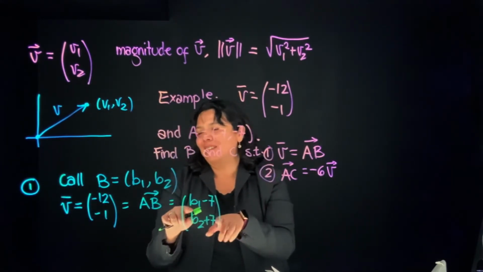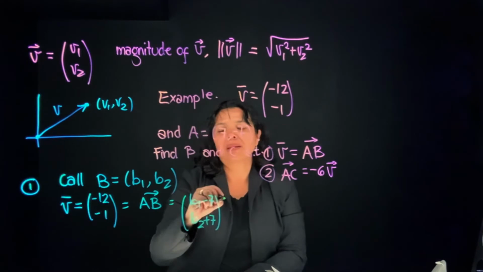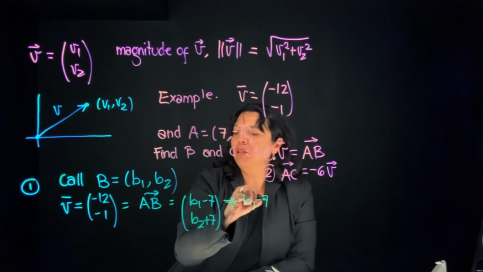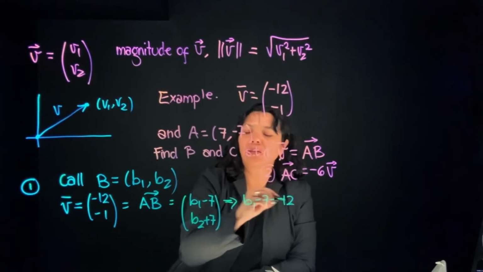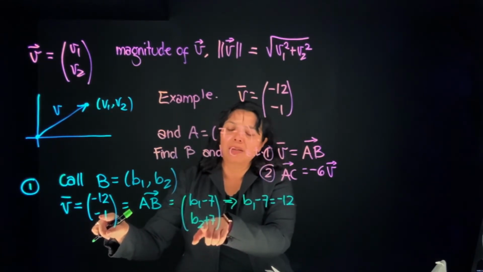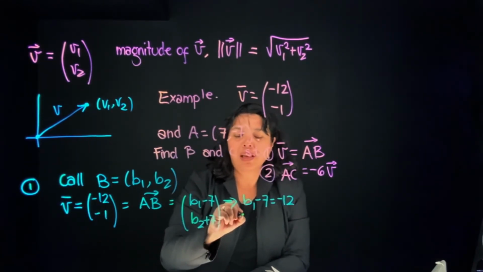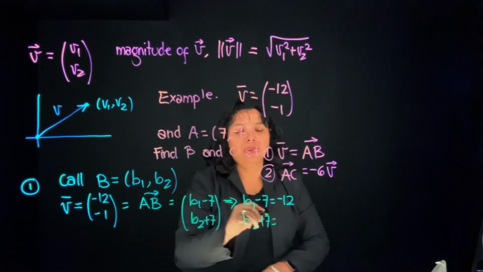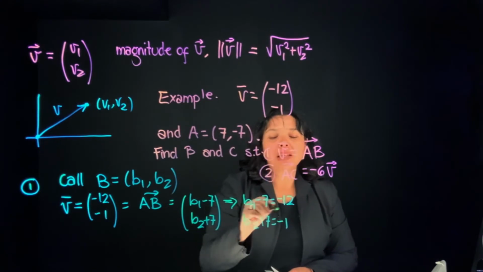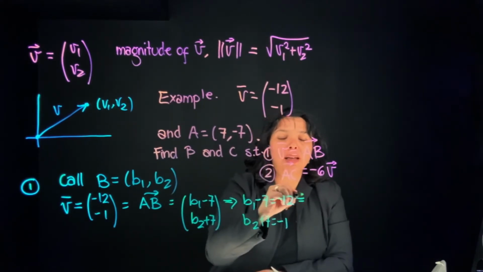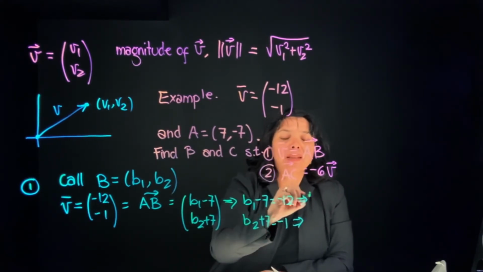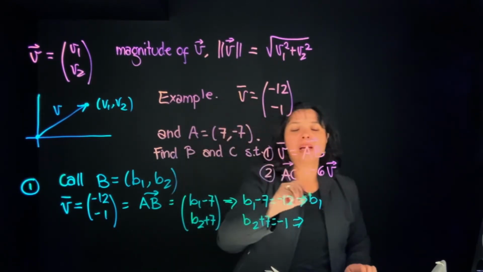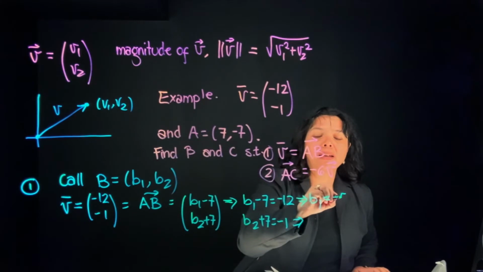So we have this, and because I want this to be the same, that tells me that B1 -7 is equal to -12. And if I compare the second entries, this tells me that B2 plus 7 is equal to -1. So from this, in each row, I can just solve. And this tells me that B1 is -12 plus 7, so that's -5.